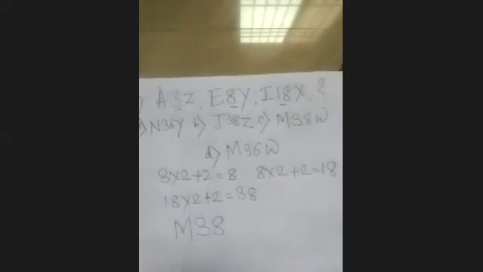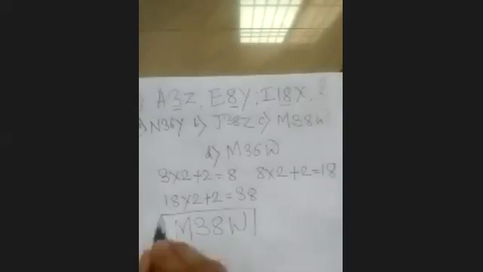Again, you have to go for Z, Y and X. So Z minus 1 is Y minus 1 is X minus 1 will be W. Therefore, so option C will be your answer. Fine.